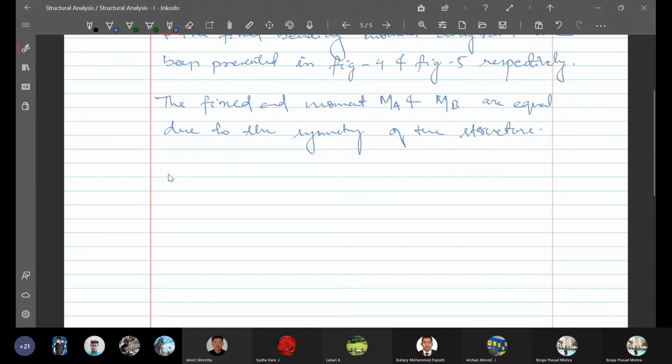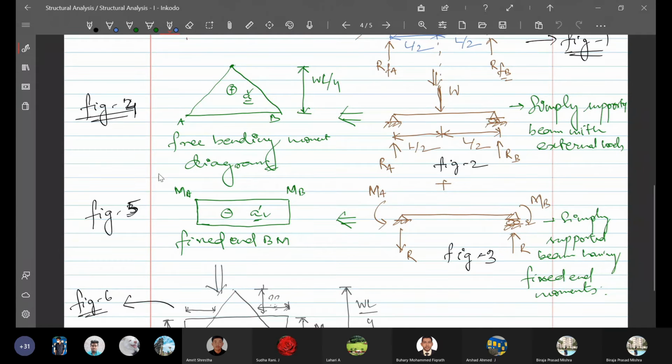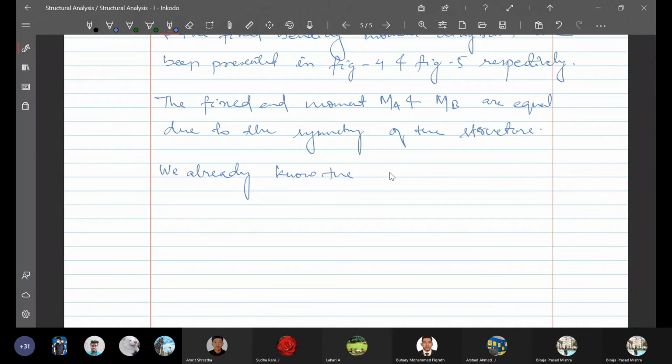We already know that the area of the free and fixed end bending moment diagrams are equal. That is, A equal to A dash.